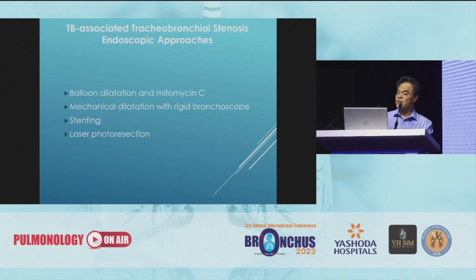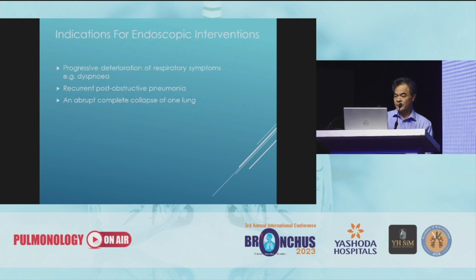So what are the endoscopic approaches? Now we know that the majority of cases are not suitable for surgery. So again, as mentioned by Dr. Titiwat, the most common procedures that I perform in my place are balloon dilatation and mitomycin C, and stenting if dilatation doesn't work.